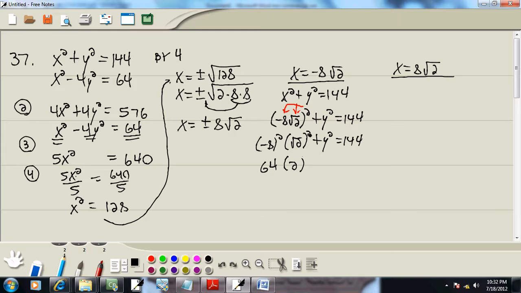Remember, when you have a square root and you're squaring it, they cancel each other out. The reason it gives the same value whether I put in negative or positive 8 square root of 2 is that when I square it, it becomes positive no matter what. 64 times 2 is 128, plus y squared equals 144. Take the 128 over.